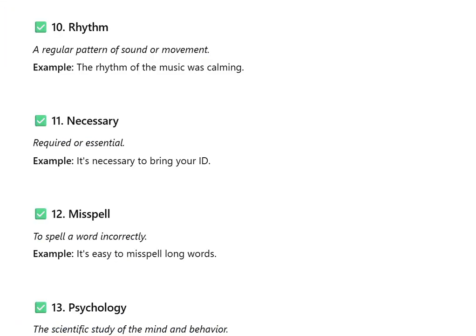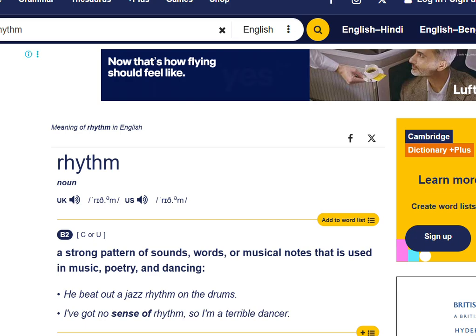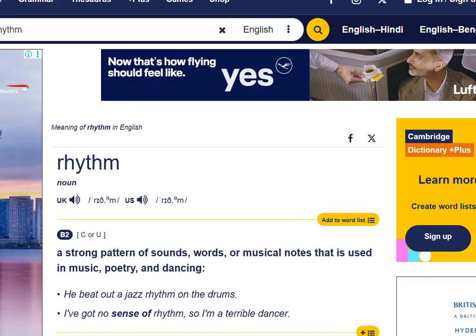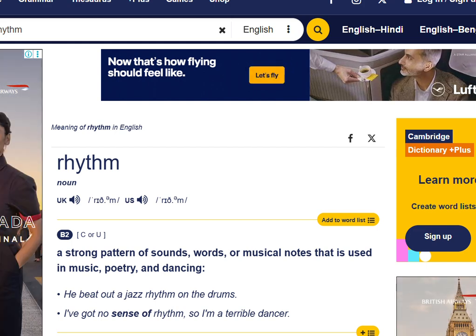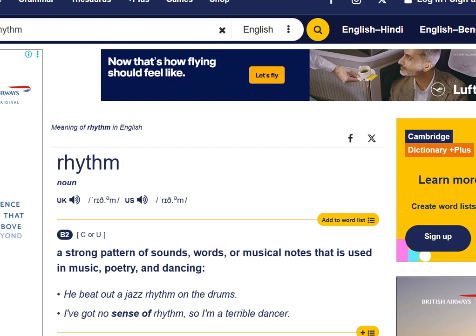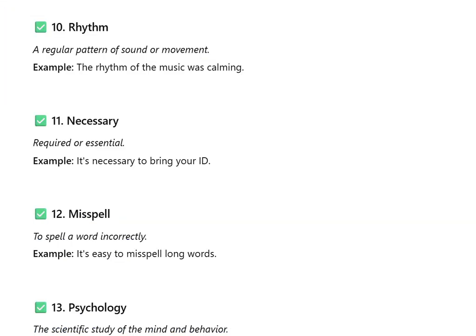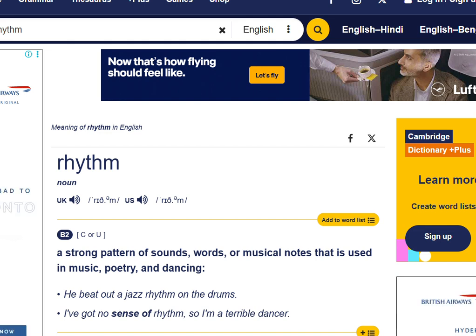Okay, rhythm. Rhythm is a strong pattern of sounds, words, or musical notes that is used in music, poetry, and dancing. For example, a regular pattern of sound or movement. Oh, this rhythm is so calming. The rhythm of the music was calming. Like, the pattern of the sounds, you know.